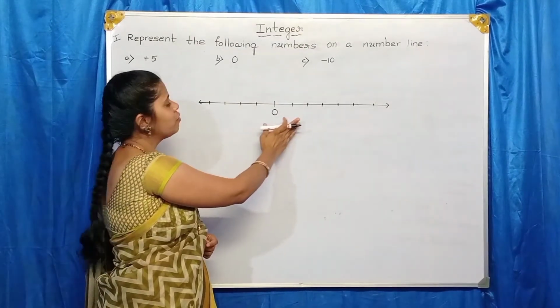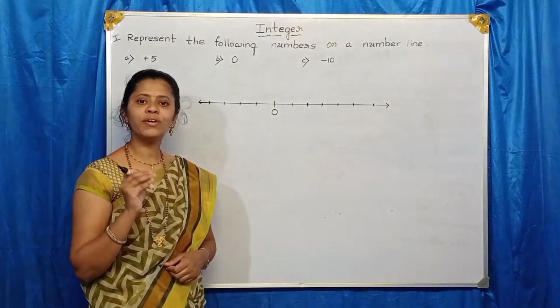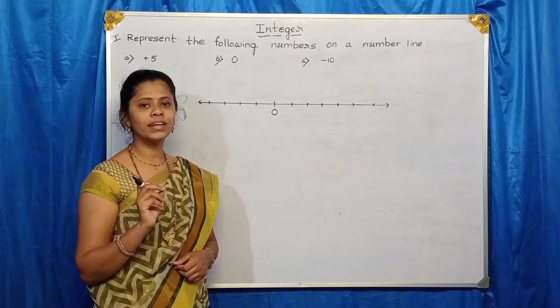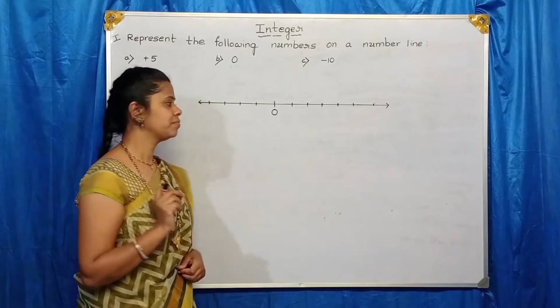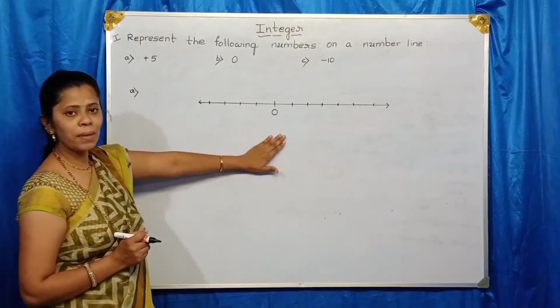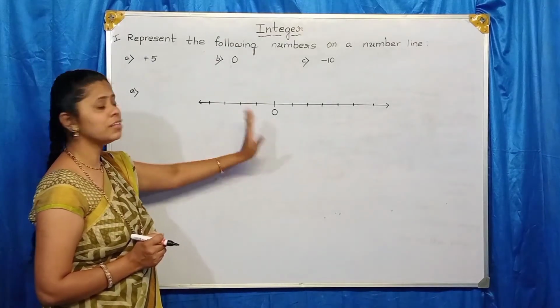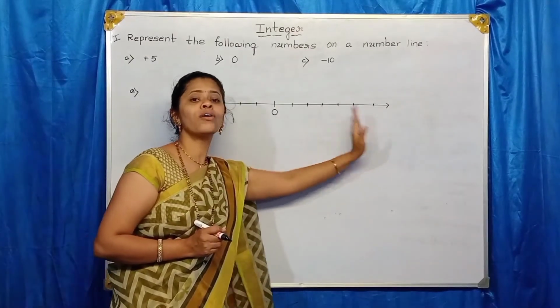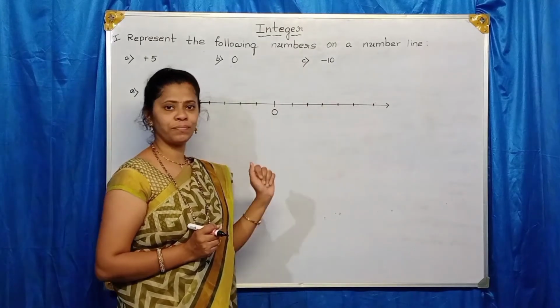Here I have taken 5 cm. Since your notebook is very small, you can take 1 cm. We have to represent plus 5 on a number line. And you know that the positive numbers are on the right side of 0.